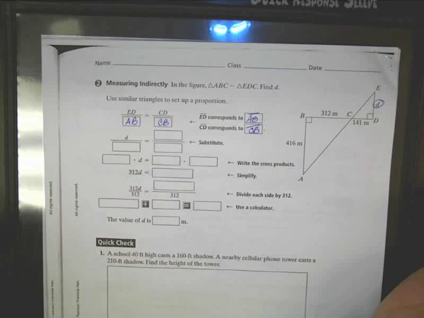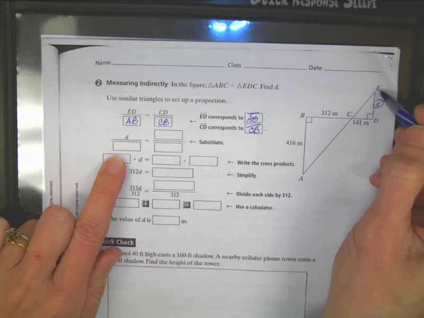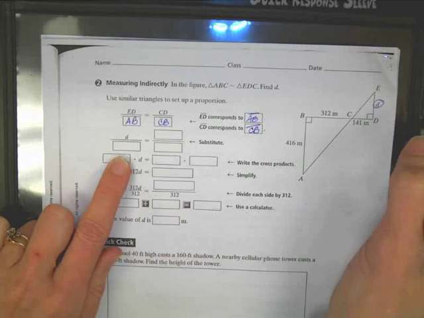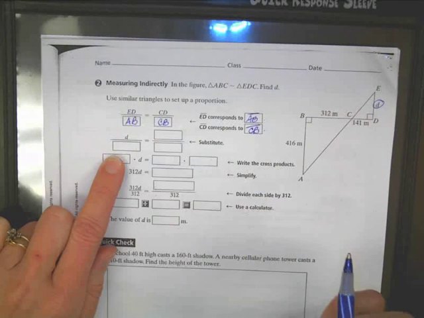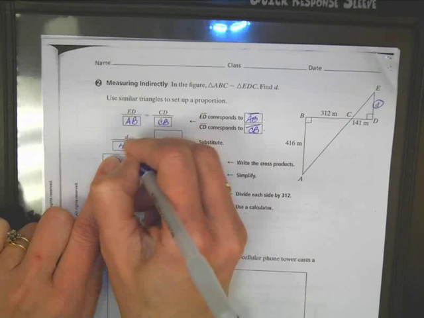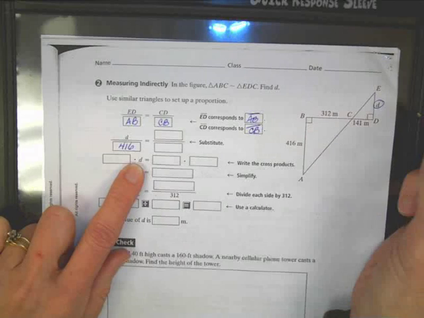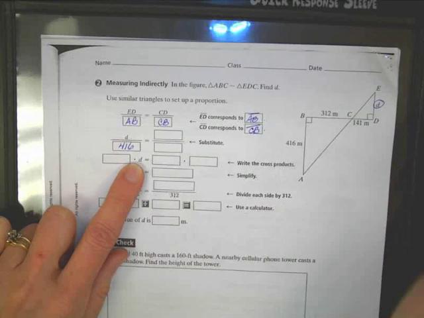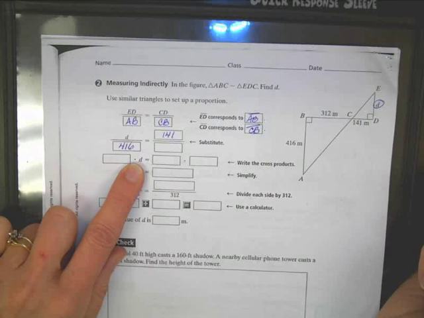Now I'm going to substitute in numbers. The length of ED is the missing value, so it's D. The length of AB is 416 meters. The length of CD is 141 meters, so I'm going to put 141 there.